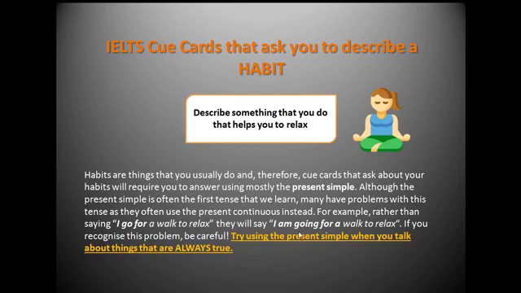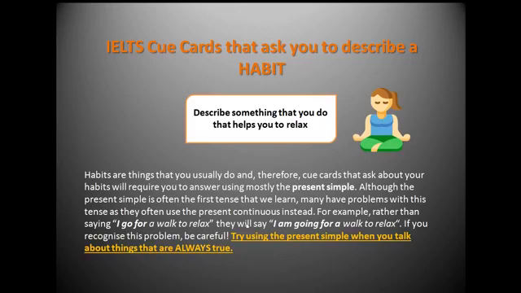This is the present continuous, students. You don't have to use that. So if you recognize this particular problem, you need to be careful. So my tip is, try using the present simple when you talk about things that are always true.